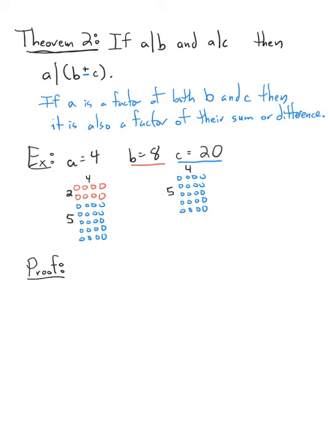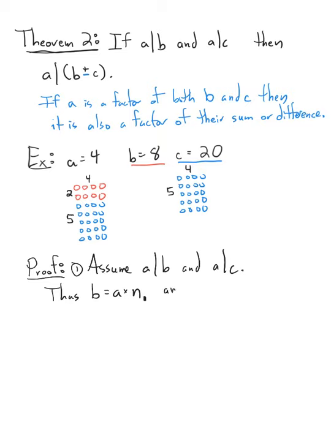Okay, let's go ahead. So remember, the first thing, we're going to assume that the if part is true. So let's assume that A is a factor of B and A is also a factor of C. So what does that mean? Thus, that means we should be able to write B as A times some number. Again, let's call it N. In fact, I'm going to call it N1 because we're going to have two of these other numbers.